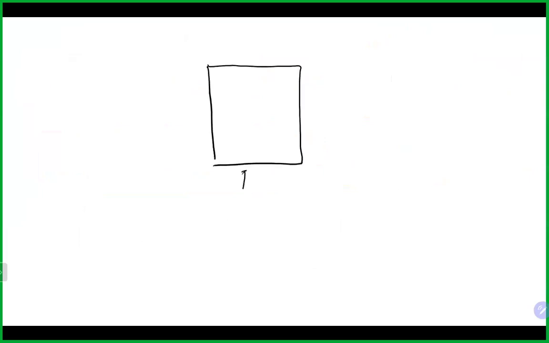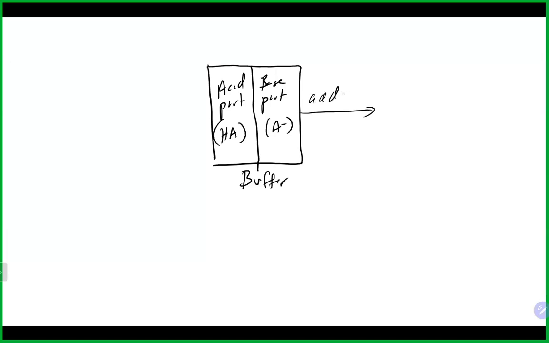So essentially here, you could think of a buffer like this. You have an acid part of the buffer, which is sometimes just abbreviated HA, and a base part of the buffer, which is our A minus. If you add some acid to your buffer, it's going to react with the base part, but it's going to make some more of the acid part.